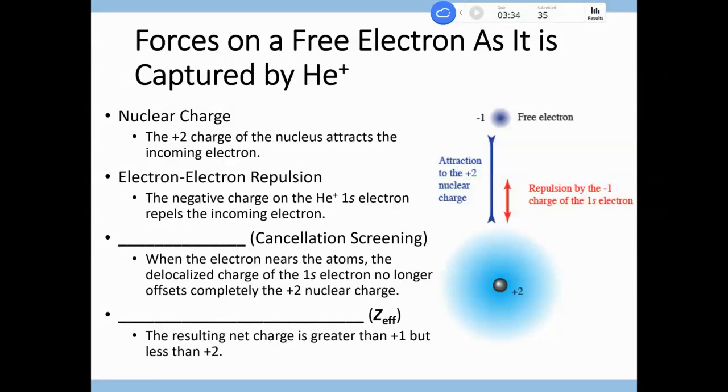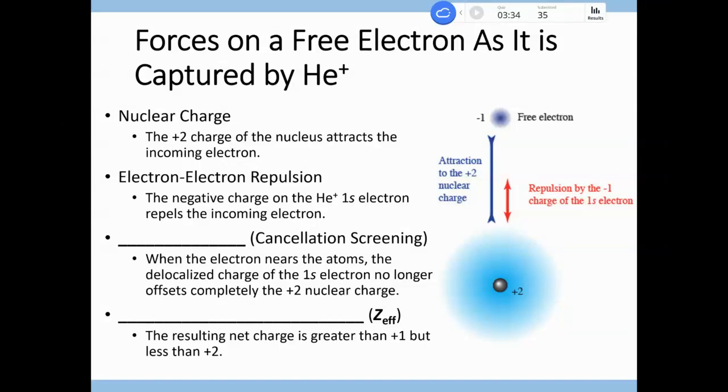But the charge that's actually felt by that outer electron is not a full +2, because we still have one electron that's already orbiting this atom that is causing some repulsion between the two electrons. So we have electron repulsion. The electron that's already orbiting repels the other electron that might come in and bond.